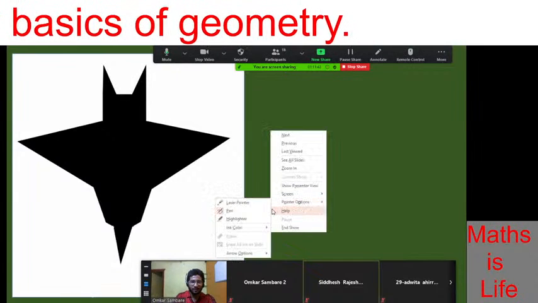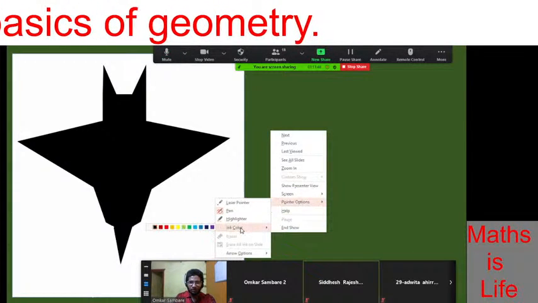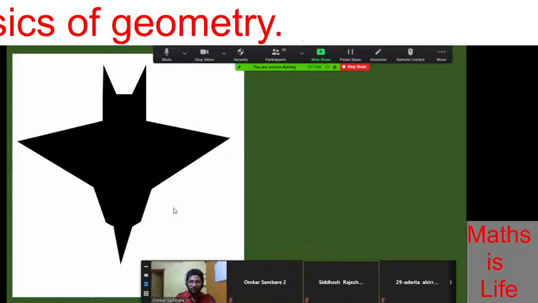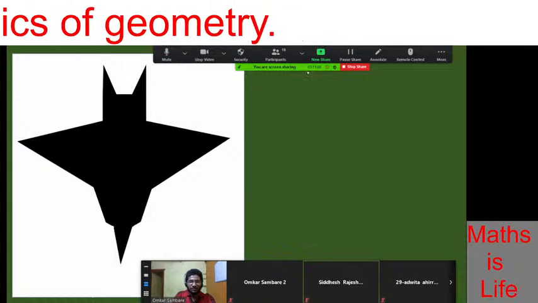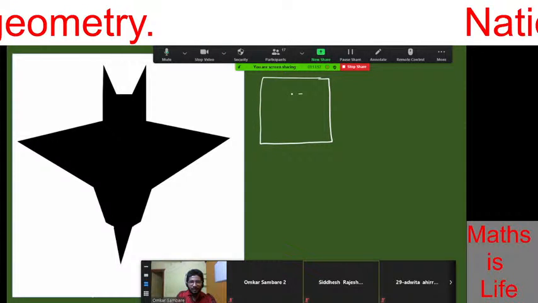I am doing it here on small papers on the screen. If this is my paper and this is some sort of shape which we have to cut out, it looks somewhat like this.